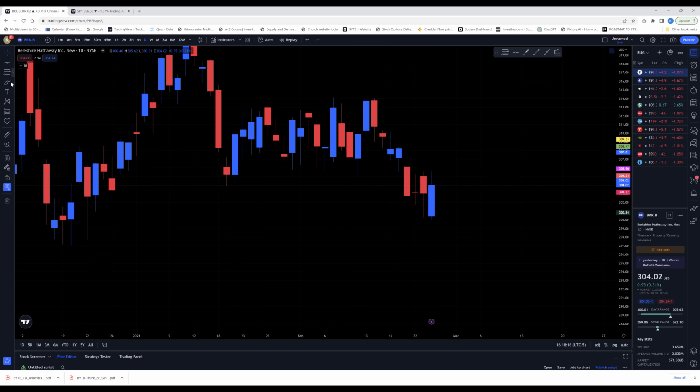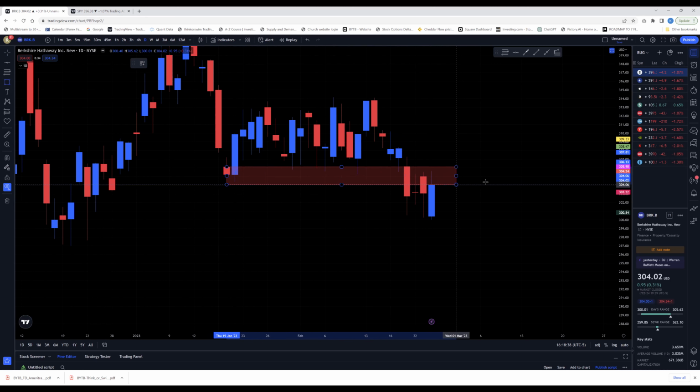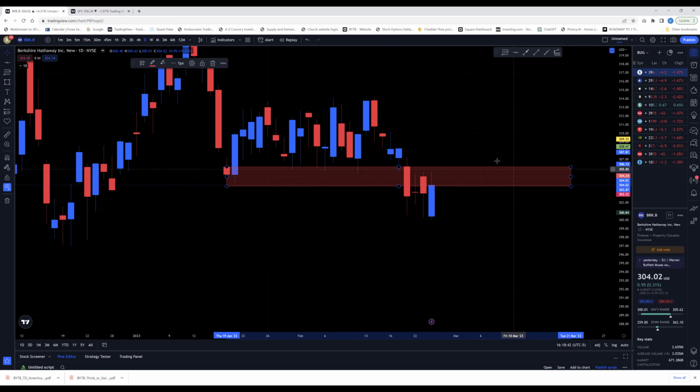So what I typically want to do is draw from the top. If I'm drawing a demand zone, I take the top of the basing candle down to the bottom of the wick. Hold on. I changed the settings on mine so you can take it all the way over, and I'm going to change that back.